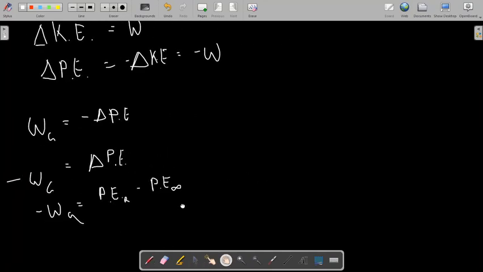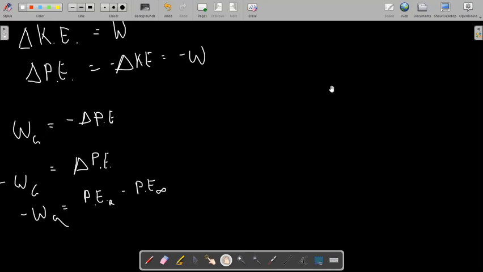I'm running out of space over here, so I'm going to continue it over here. We know the work done by gravity, and we know the potential energy at infinity, so we are going to substitute this by 0.